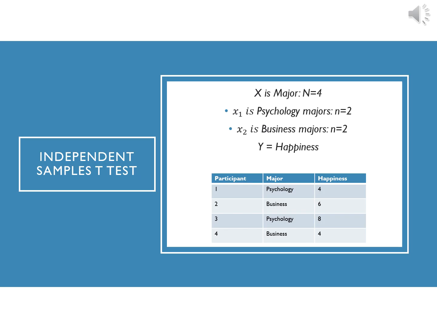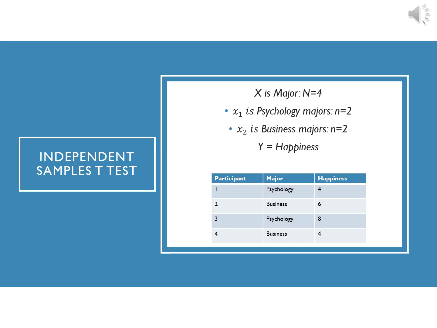And also I just want to make sure to get everybody on the same page about what the independent variable and the dependent variable are when you're talking about independent samples t-tests. So let's take this example. We've got two different majors, psychology majors and business majors, and we're measuring those folks in terms of their happiness. And we want to compare the happiness of psychology majors on average to the happiness of business majors on average.